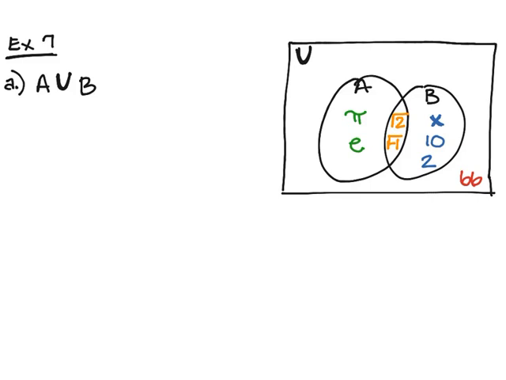Repeat. Okay, that's all that means. A union B would be the pi symbol, the little e, the square root of 2, the square root of -1, x, 10, and 2. Wouldn't that be everybody?